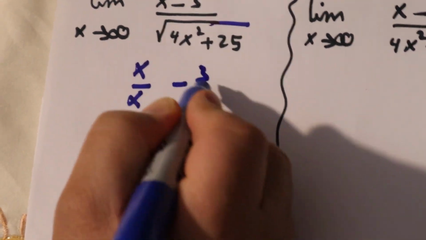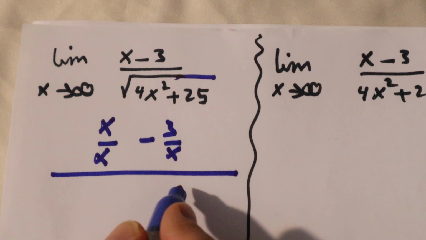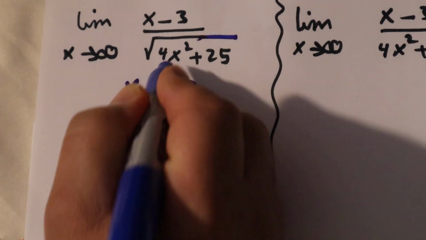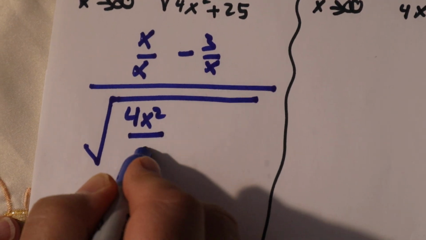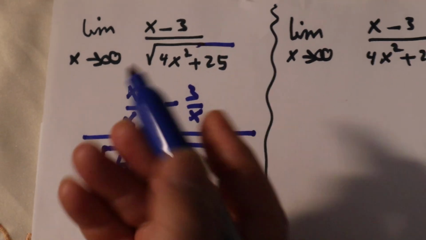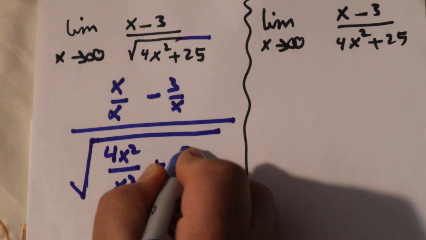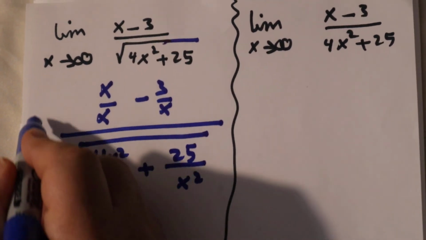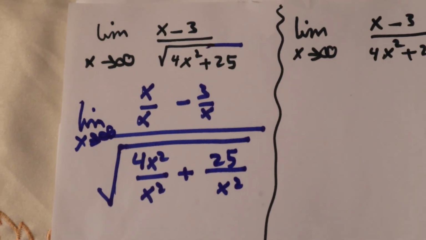and here is minus 3 over x. Divide by the bottom, which is a radical: the square root of 4x squared will be divided by x squared, yes, because the radical of x squared is still x, plus 25 divided by x squared, under the same limit, x approaches infinity.